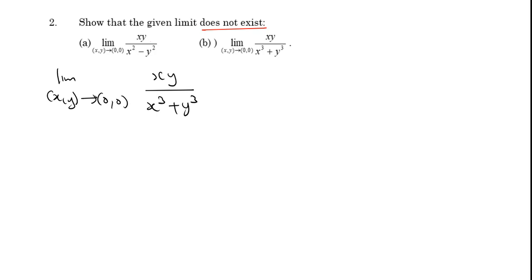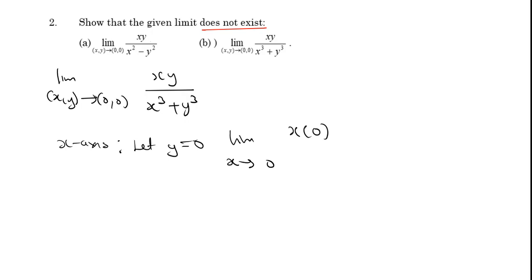So I go again. I'm going to go first along the x axis. Going along the x axis means I let my y be equal to 0. So my limit is as x approaches 0, and where there is y, I replace it with 0.